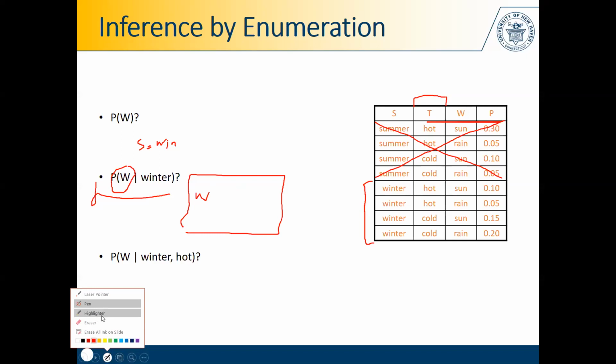Let me keep it in the same order. So S, W, and we want to find their joint probabilities.